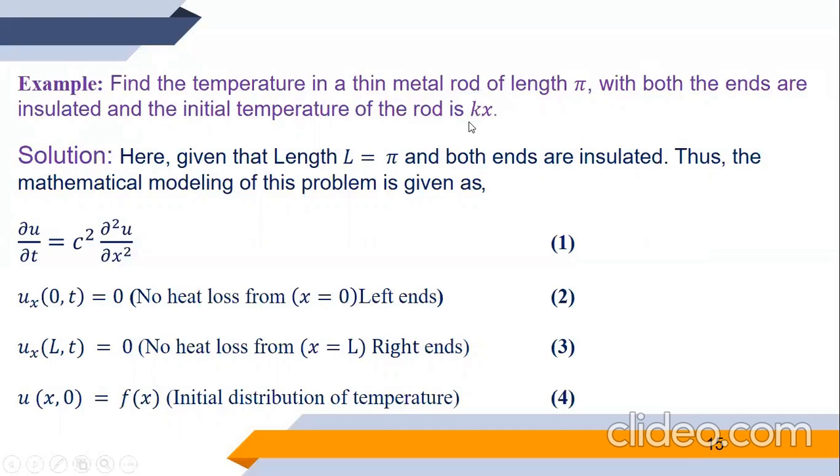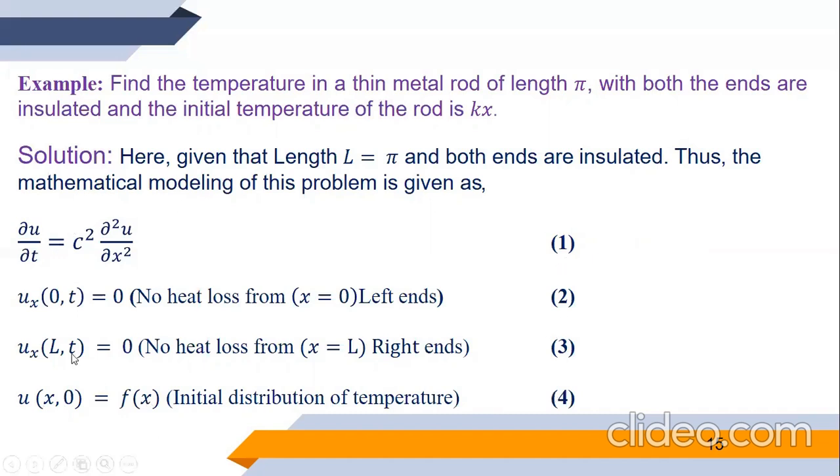Thus we define the initial boundary value problem of this given problem. The mathematical form is the one dimension heat equation, equation 1. Equations 2 and 3 are both boundary conditions, and equation 4 is called the initial condition.